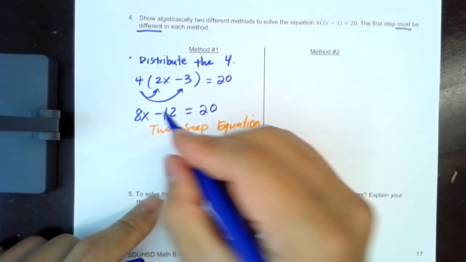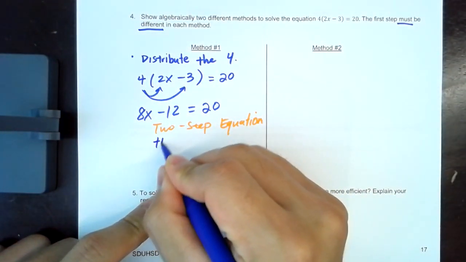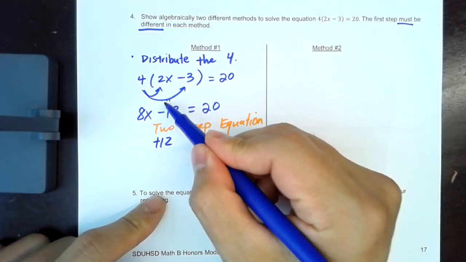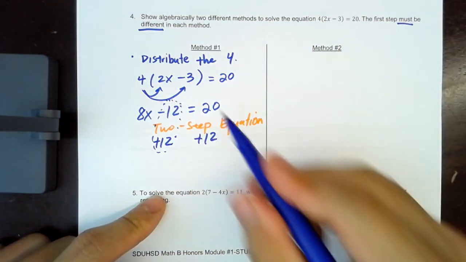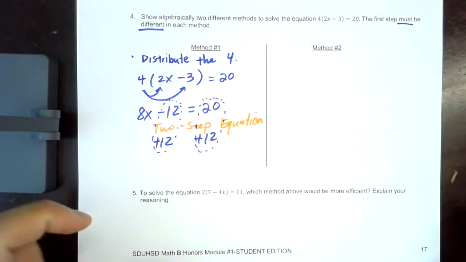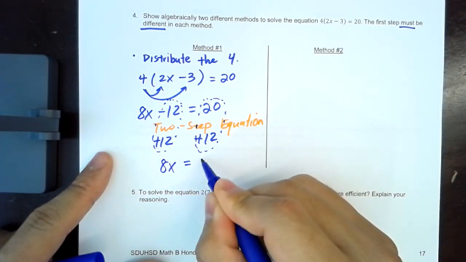And then I can isolate the variable by dividing away the 8. But the first step is to always cancel the constant, right? Negative 12 and positive 12 gives me 0. 20 and positive 12 gives me 32. So I get 8x is equal to 32.